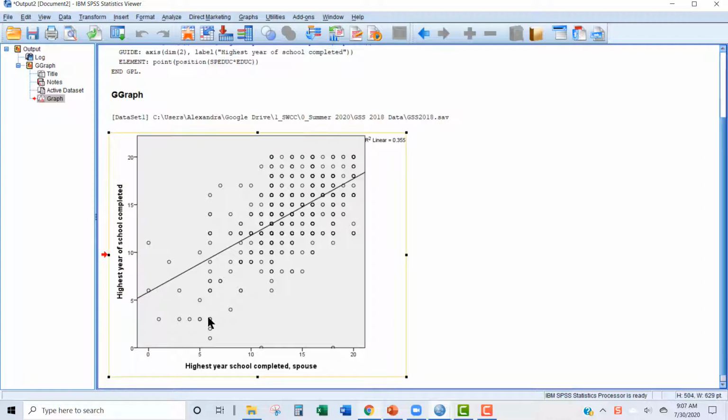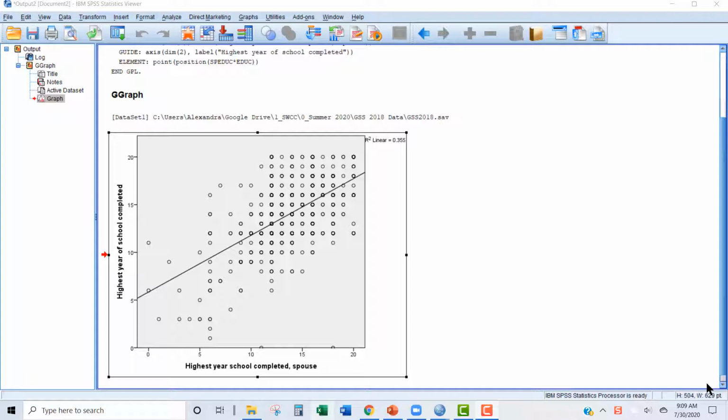So now we definitely see that there's a positive trend, right? It's going up. So we can clearly see that as highest year of school completed increases for the respondents, it also seems to be going up for the spouse. That's the scatter, even so it's not a perfectly straight line, right? It's somewhat scattered, but we can see it looks like a pretty strong relationship just by looking at it. We can see that the relationship is clearly linear.